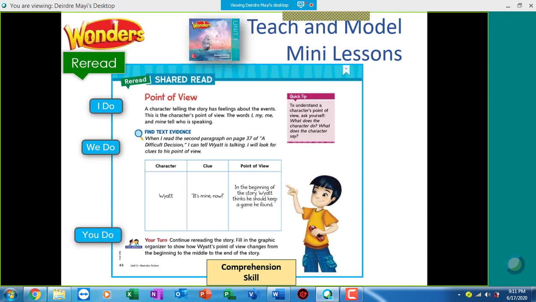Now let me be clear. In this case, you is not independent. It is collaborative. So the students are asked to continue rereading the story, fill in the graphic organizer to show how Wyatt's point of view changes from the beginning to the middle to the end of the story.